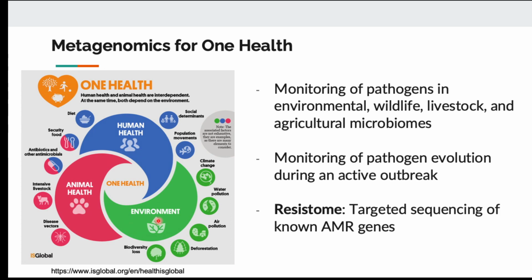So the concept of One Health is that we need to study metagenomics to understand the change in pathogens in wildlife, in livestock, in agriculture before they transmit to humans. Then that's too late. And when we get a pandemic, we need to keep monitoring the changing evolution of the pathogens so that we know what possible mutations can occur in the future.